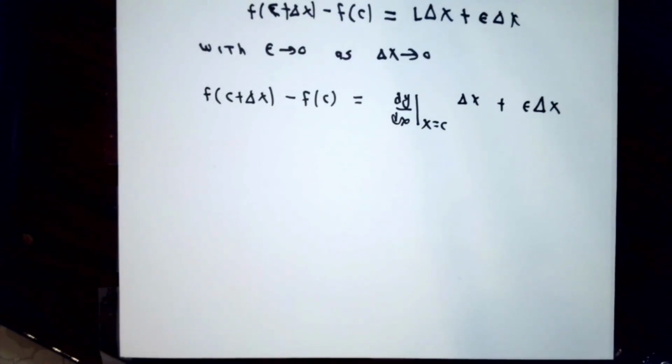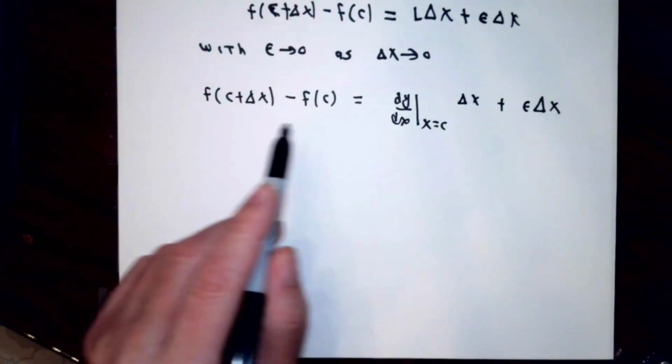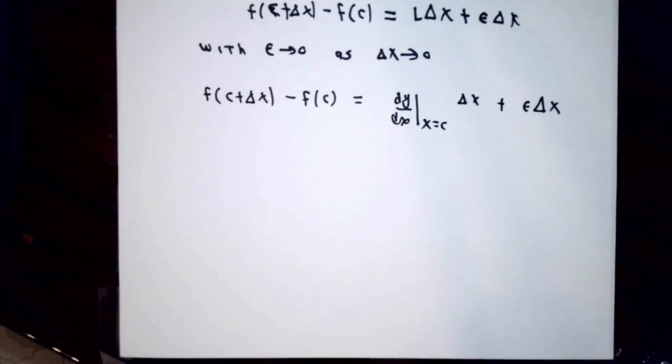Using yet another notation for the derivative, I could write it this way, and people have invented some abbreviations to help out here. Since the function value in this case is a y-coordinate, this difference is going to be called capital delta y, the actual change in the y-coordinate on the graph of the function.